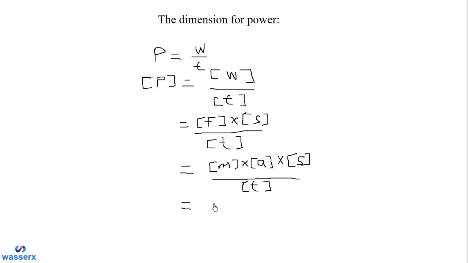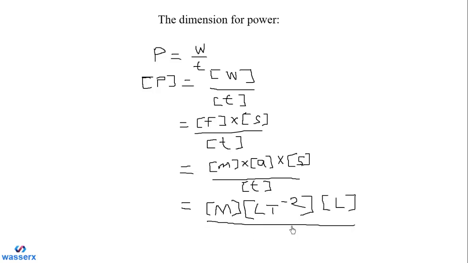So we know the dimension for mass is M, the dimension for acceleration is LT^-2, and that for distance is L, all over time. Now, by the concept of indices, let's further simplify.